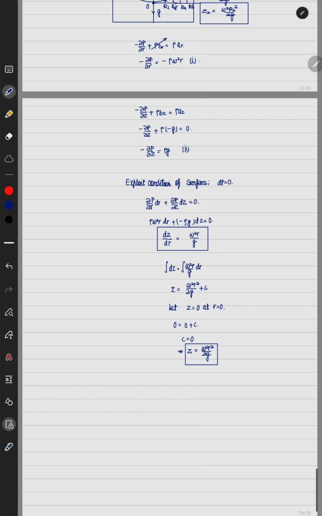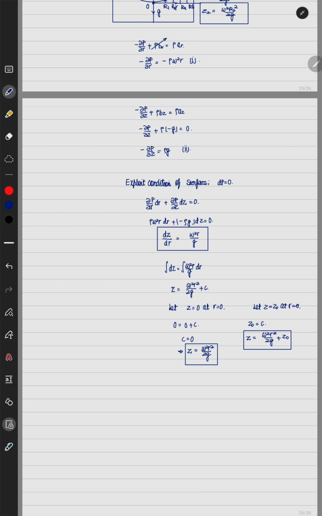Let us say, if I want z equal to z0 at r equal to 0. In that case, z0 is equal to c. So z is equal to ω²r² divided by 2g plus z0.